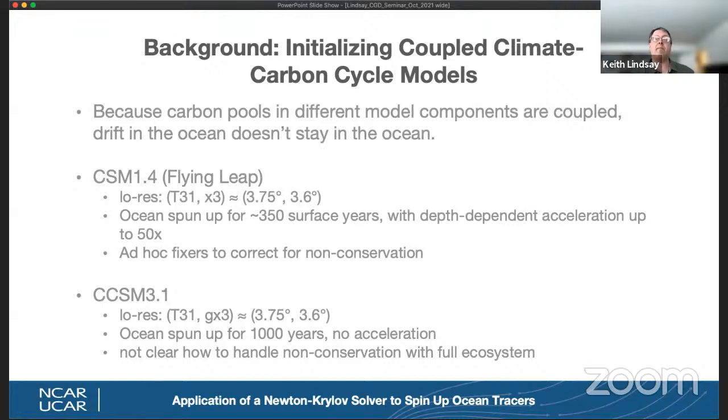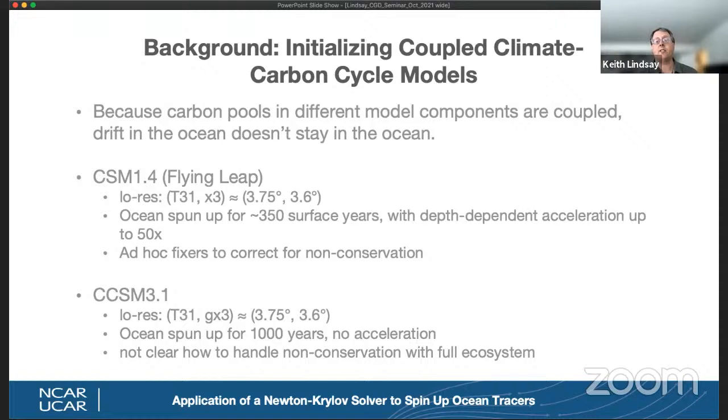However, this depth-dependent acceleration leads to non-conservation of tracers as tracers cross the layers where you have a change in that depth-dependent acceleration. And we had to put in some ad hoc fixers to correct for the non-conservation of this acceleration factor. Stepping forward a handful of years to a newer version of the model, CCSM3, where we undertook more coupled climate carbon cycle modeling, we again used low resolution models.